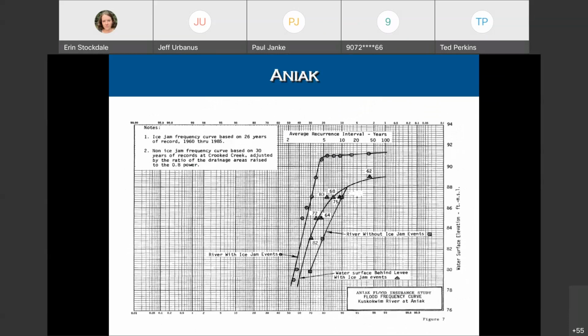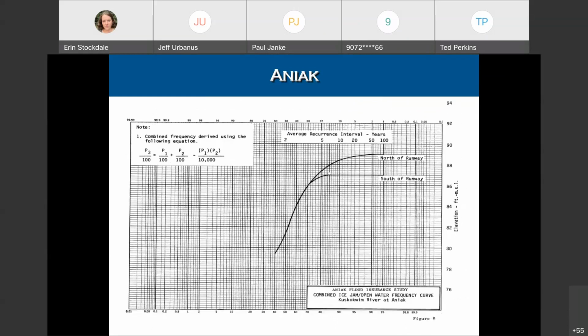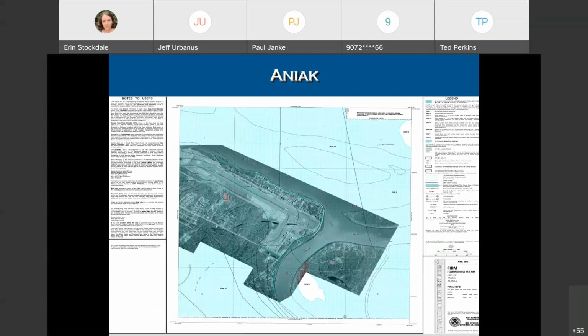And ultimately, in this case as well, the ice jams were the dominant flood source. In a lot of these communities in the lower Yukon, Kuskokwim area, there isn't a lot of high ground, to be honest. So I'm going to get into how we help them make decisions on where to build.